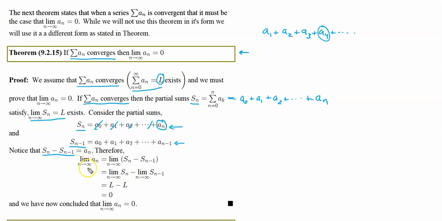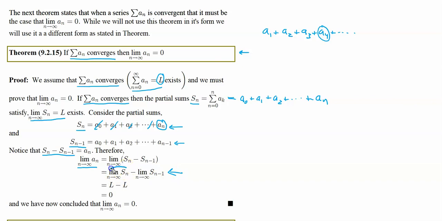Therefore, the limit as n goes to infinity of a sub n is the limit as n goes to infinity of s sub n minus s sub n minus 1. By properties of limits, we can distribute this limit to the Sn and to the s sub n minus 1, like we do right here.